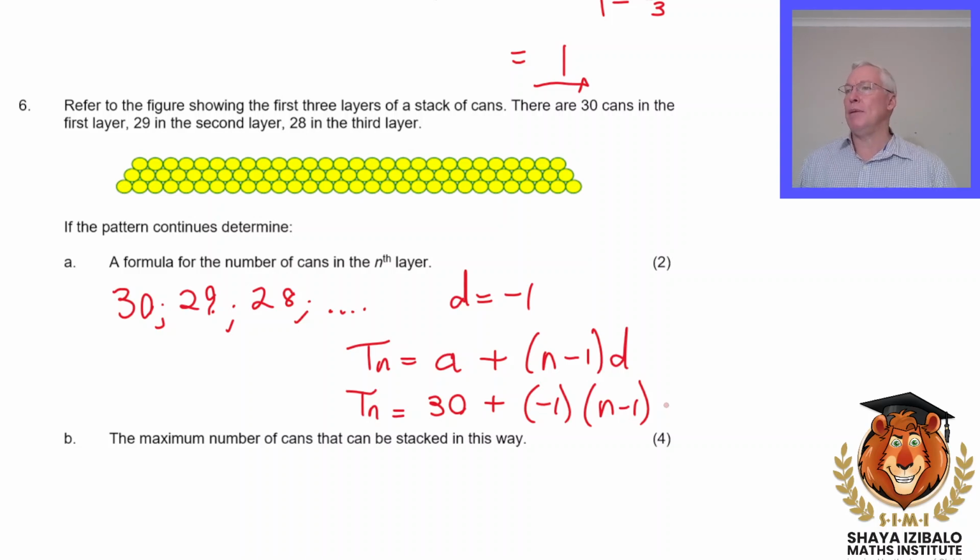So it's actually going to be 31 minus n. Let's check that. In row 1, if n is 1, we would have 30 cans. In row 2, if n is 2, we'd have 29 cans.